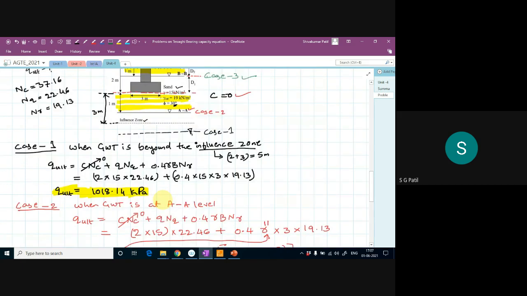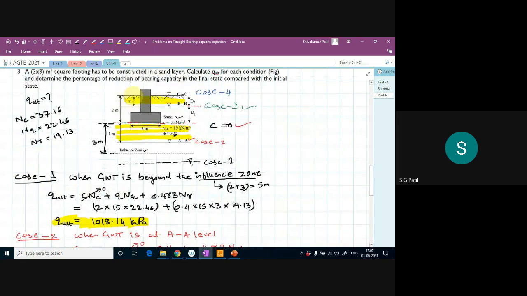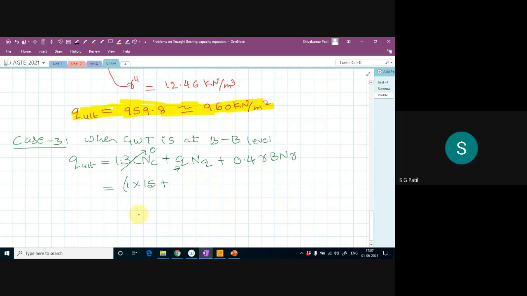So this 1 meter is a dry case, and this 1 meter is a submerged case. So let us write that: 1 into 15, and then 1 into gamma saturated minus unit weight of water.